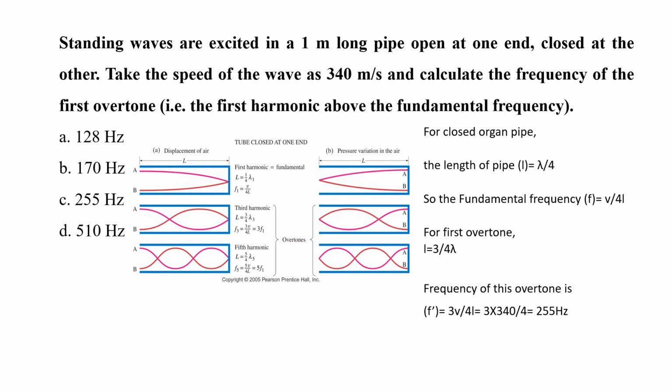So, the frequency for this overtone is equal to 3V by 4L, which is 3 into 340, the speed of sound, divided by 4 into the length, that is 1, which is equal to 255 Hz. So the correct answer is C.